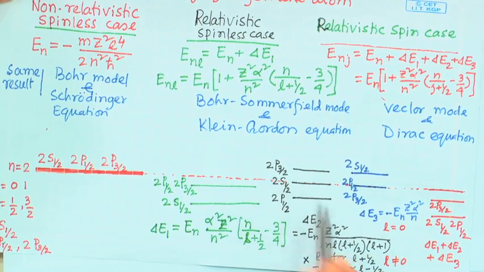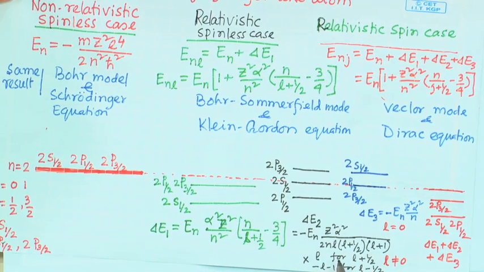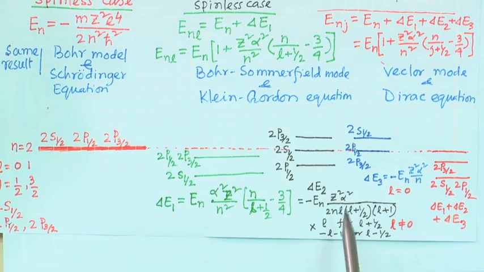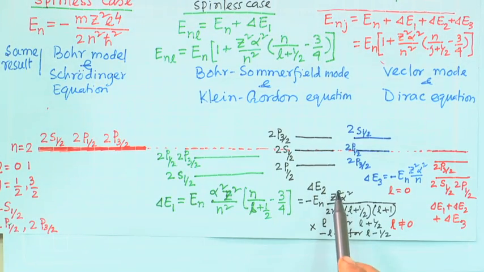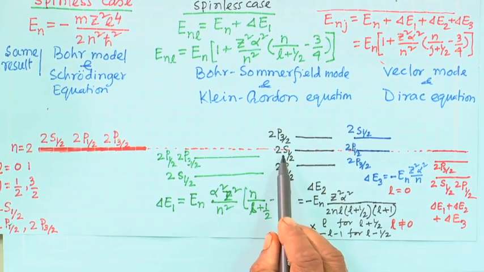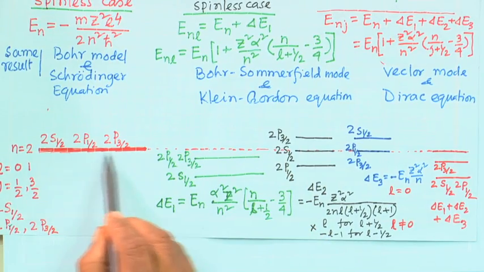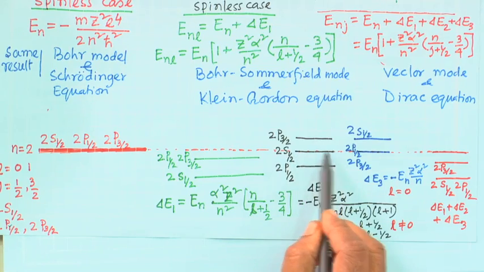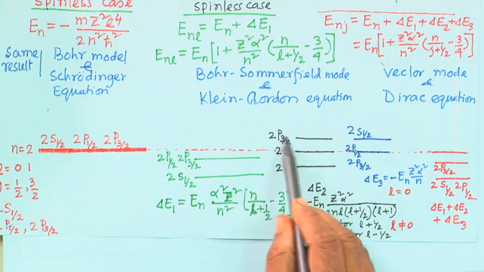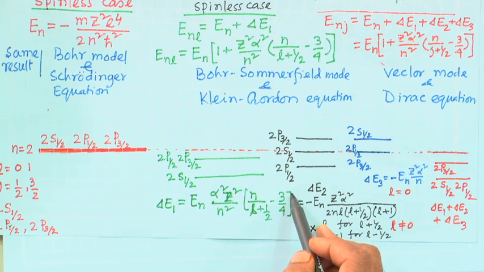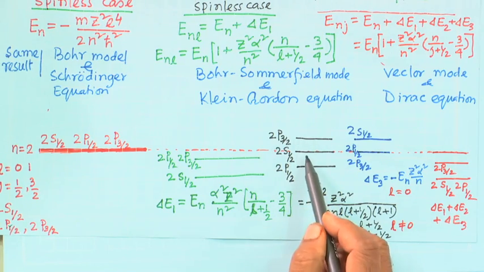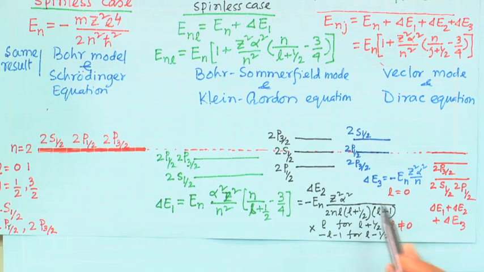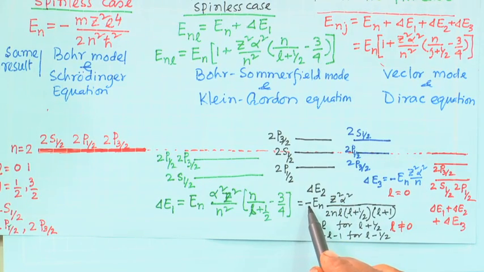Then in this expression you can see it depends on L, but this correction del E2 is 0 for L equal to 0. So, whatever the original energy for 2s half, it will remain the same energy, but for P 3 by 2 and P half, one has gone up and one has come down, because here this term is a negative term.